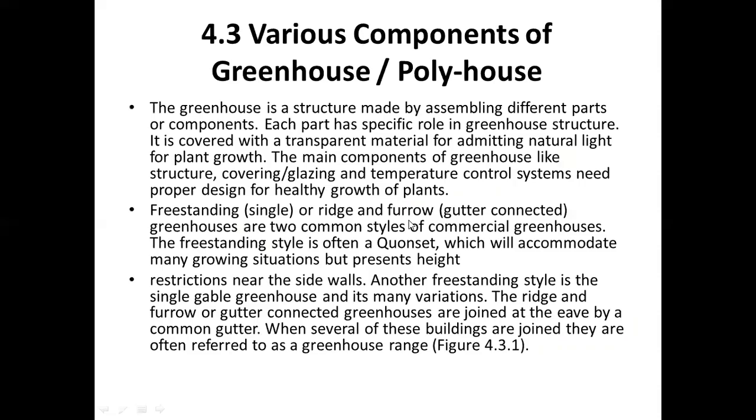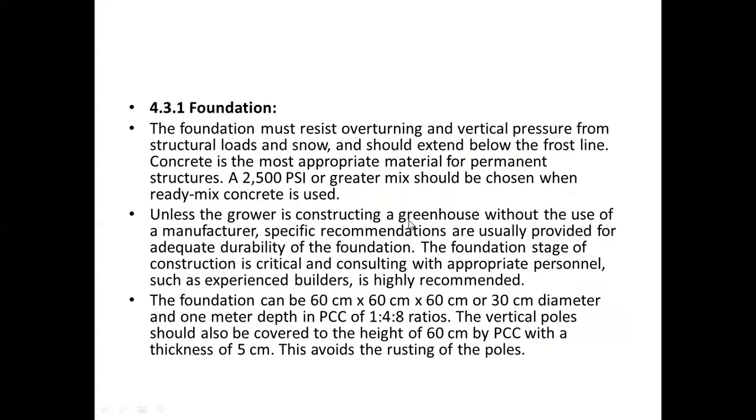Okay, so next is foundation. The foundation must resist overturning and vertical pressure from structural loads and snow, and should extend below the frost line. Concrete is the most appropriate material for permanent structures. A 2500 psi or greater mix should be chosen when ready-mix concrete is used. Unless the grower is constructing a greenhouse without the use of a manufacturer, specific recommendations are usually provided for adequate durability of the foundation.